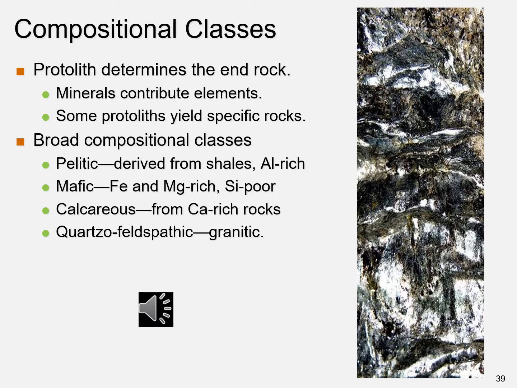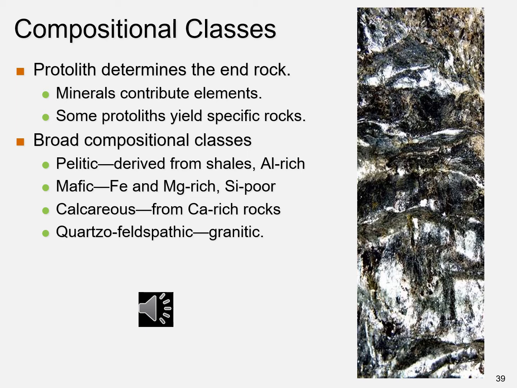Up to this point, we've emphasized the importance of temperature and pressure in determining the mineral assemblage in a metamorphic rock. Let's not forget that the composition of the protolith plays a key role in determining which minerals form as well. For example, it's impossible to form a biotite-rich schist from a pure quartz sandstone because biotite contains elements such as iron that do not occur in quartz.